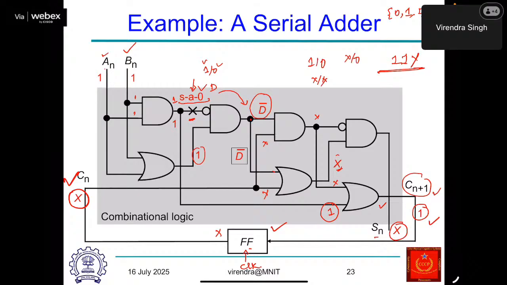So in the next cycle I can ascertain that if I apply 1 1 at one time, then in the next cycle at least the value of the flip flop would be 1, and I can argue something about this.